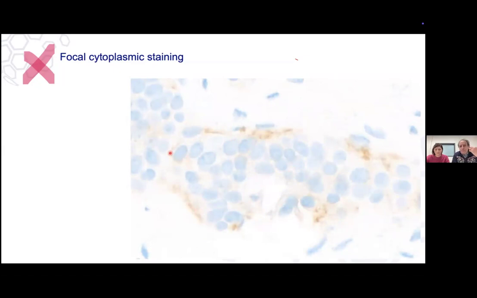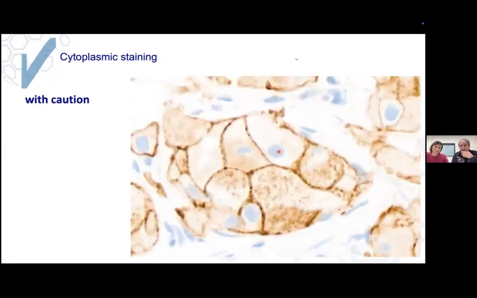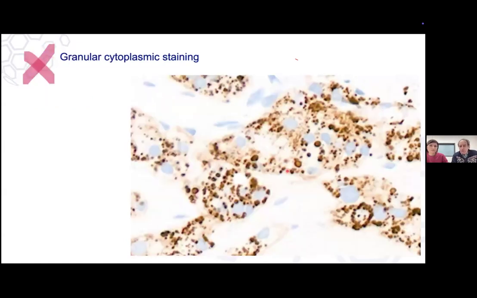Again, maybe here is membrane staining, but in general, be quite discriminatory, be quite difficult to accept membrane staining. Sometimes, despite the cytoplasmic staining, many of us would probably agree that there is membrane staining here. So every circumstance needs to be evaluated accordingly, and you need to use your experience as a pathologist to come up with the correct diagnosis.